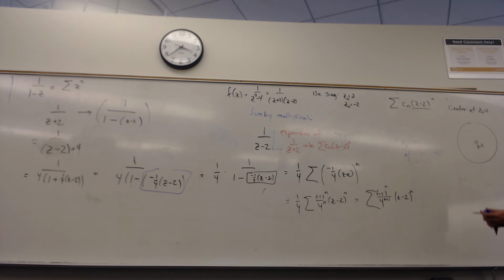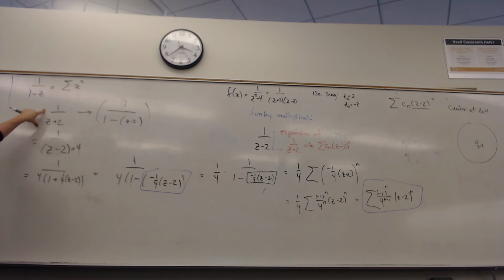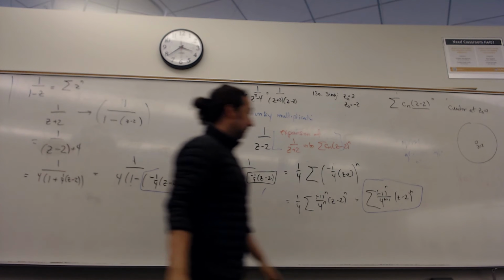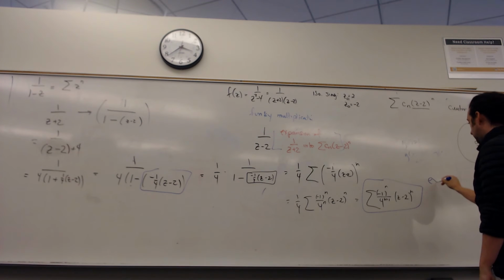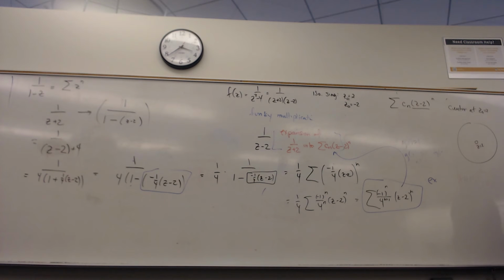So that is the power series expansion for 1 over z plus 2 centered at z equal to 2. So this is the expansion that we were looking for. I have done way too many steps here, by the way. You can do this much faster than this. This is just the first time I'm doing it, so I'm trying to walk through slowly.